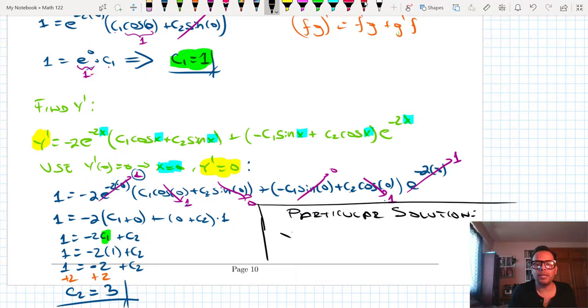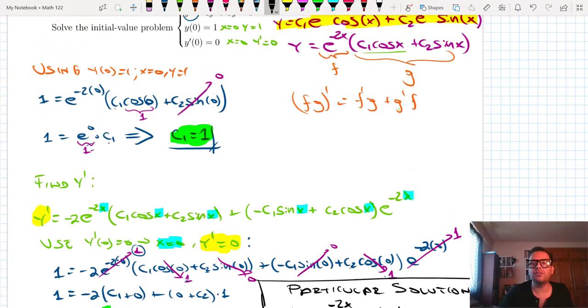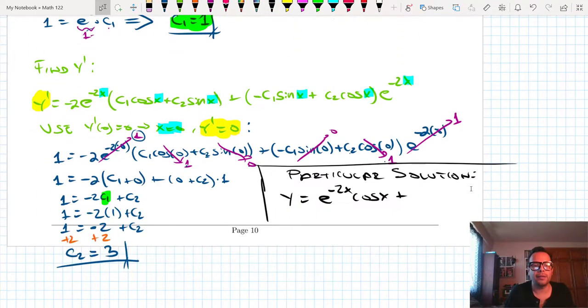This will be y equals c1, which is 1, I'm not going to write the number 1, it's just an invisible 1, e to the negative 2x cosine of x, plus instead of c2, I'm going to replace that with the number 3 that we got from the calculation, 3 e to the negative 2x sine x. And that is the particular solution.